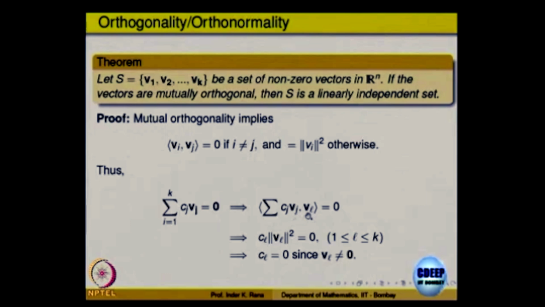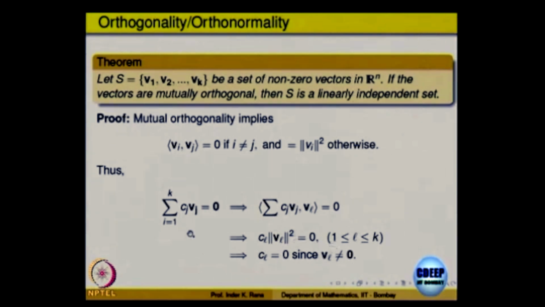What happens to this inner product? It is 0 when j is not equal to l. When j equals l, it is norm of vl squared. So only one term survives here. So this is equal to cl times norm vl squared, and that is equal to 0 means what? This is an orthonormal vector, so the norm is 1, which means cl should be equal to 0.